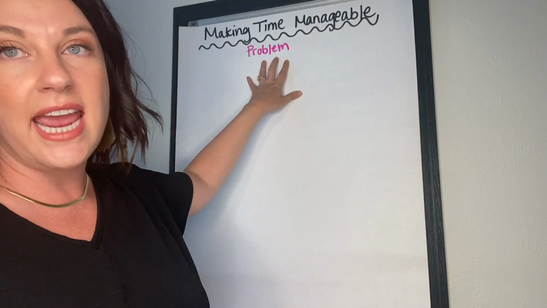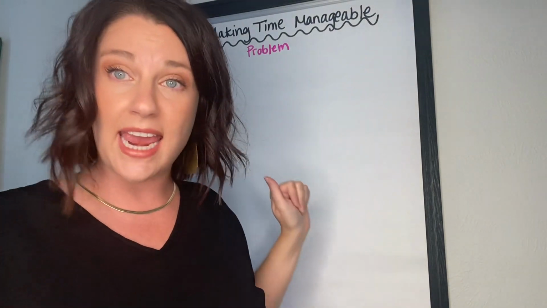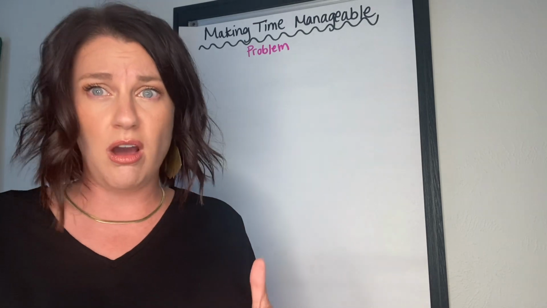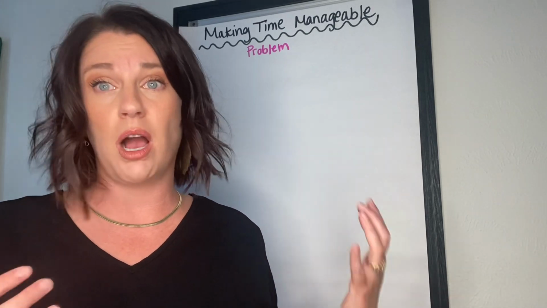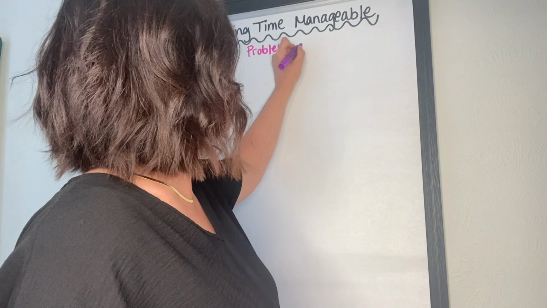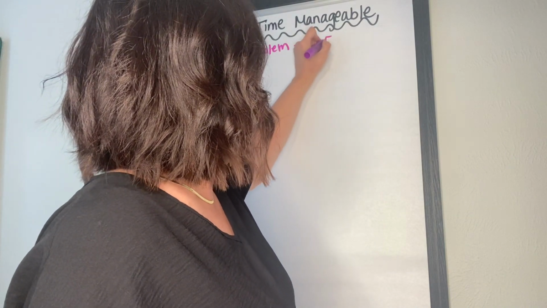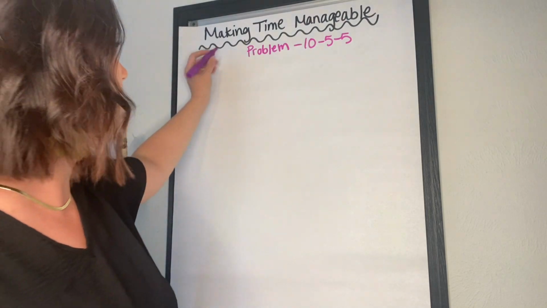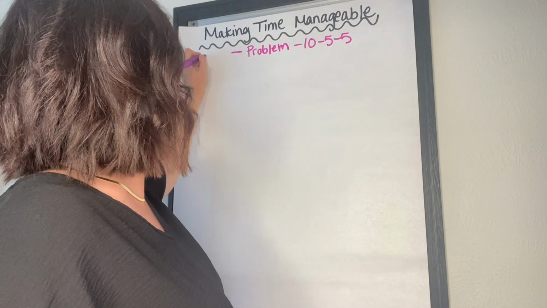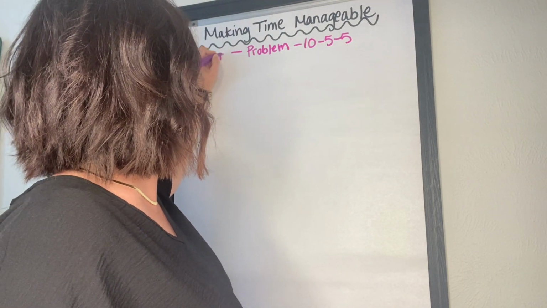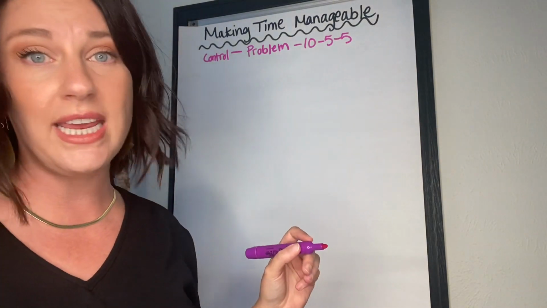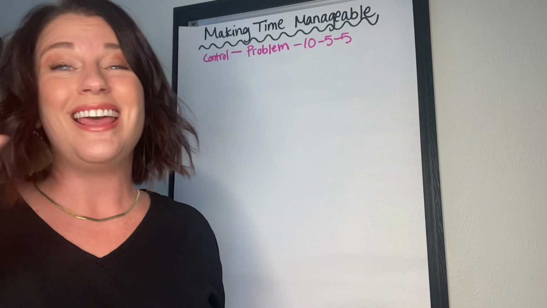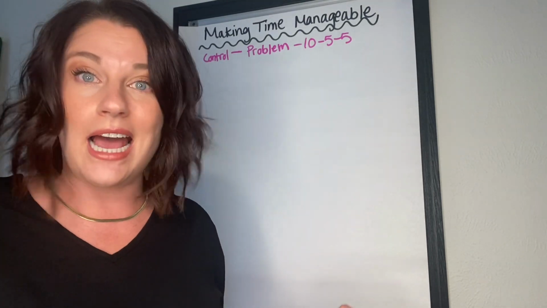My dear friend Casey Watts at Catching Up with Casey has a great video called the 10-5-5 protocol on how to identify a real problem on your campus. I will link that in the caption so you can watch that video, but it also needs to be something that you can control. There are so many problems in this world that we cannot control, so don't waste your energy on it. Do not put your energy there, that's a time suck.